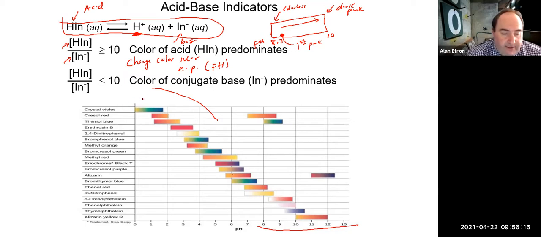So for example, here, crystal violet is kind of a yellowish color in its acidic range, if you will. And as it goes down to here, it's blue. So this would be great if we had something that had an equivalence point in that range. You'd be able to see it go from a yellowish to a greenish color, or maybe even from the green to the blue color. You could also use it a little further down the road as well.